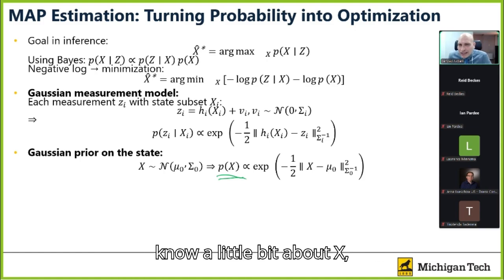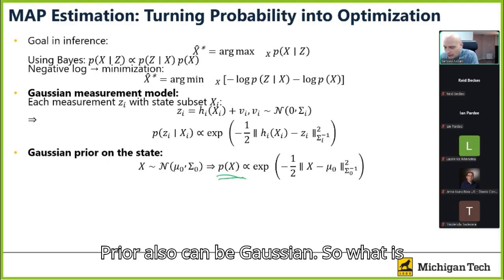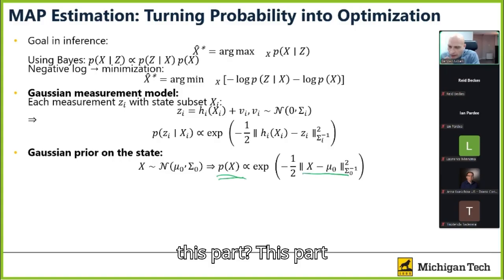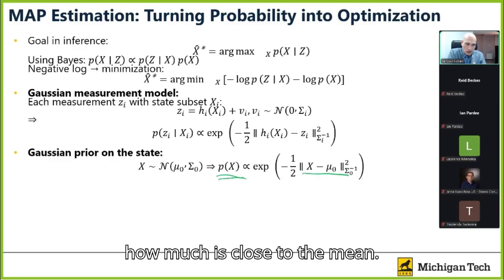If we know a little bit about x, the prior can also be Gaussian. So what is this part? This part shows how close your state is to the mean.